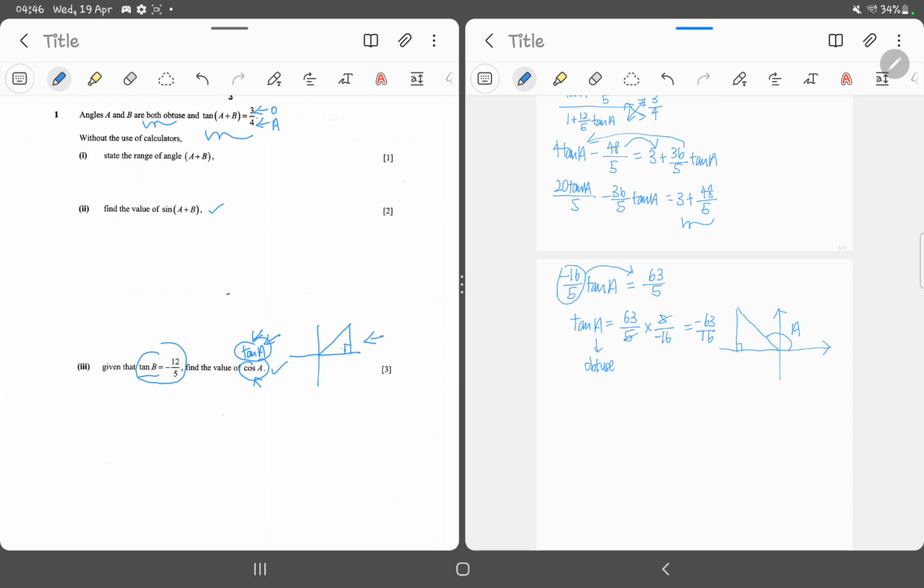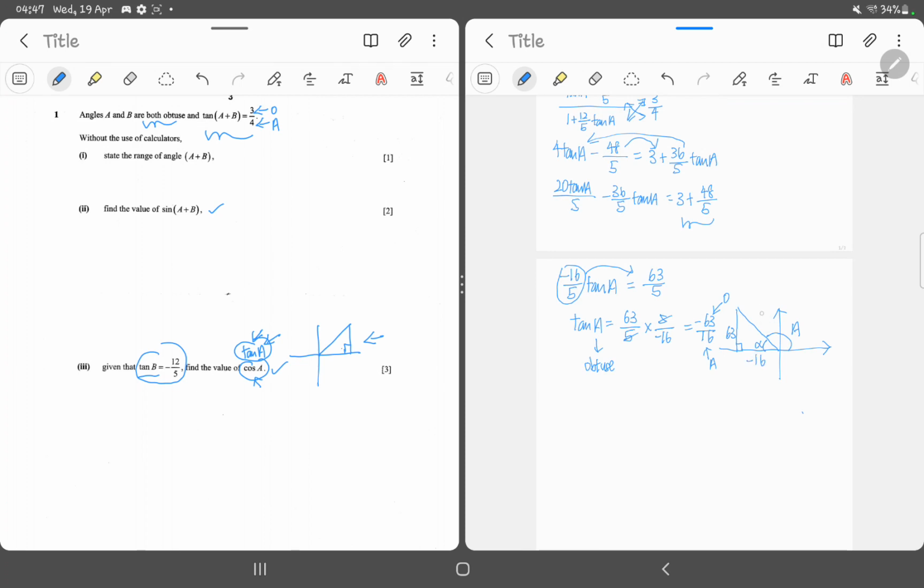And let's draw this right angle over here, and because this is my O and this is my A, in this case this will be my reference angle, the basic angle, and the opposite will be over here, which is 63. This is 63 and it is positive because we are in the positive y-axis. Okay, we are on top of the x-axis. Think about it that way. And the adjacent will be minus 16 because we are on the negative x-axis.